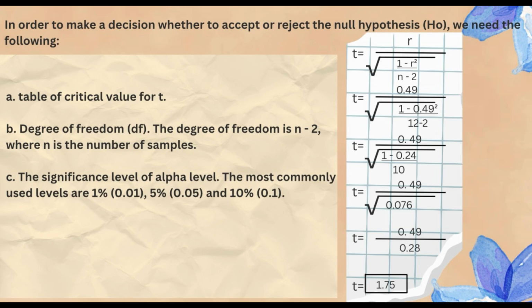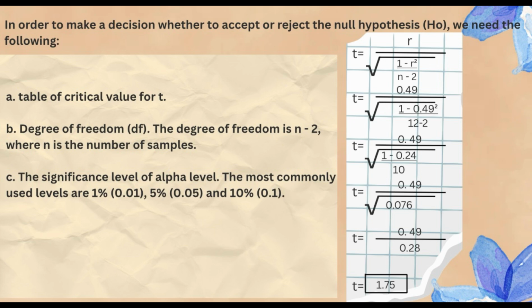As you can see here, the formula of the t-test is r over the square root of 1 minus r squared over n minus 2. Remember, n is 12. In this formula, r represents the computed correlation value, and n represents the number of samples, which is 12 minus 2, so it becomes 10.